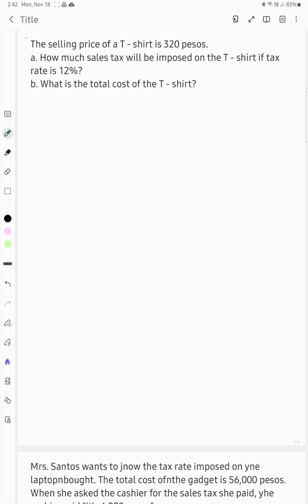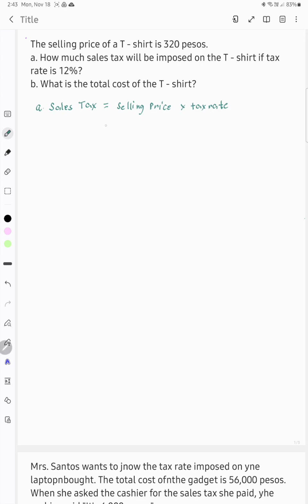Let's start with part A. We have sales tax equal to the selling price multiplied by the tax rate. Normally this is just like the interest, principal, and then the rate.